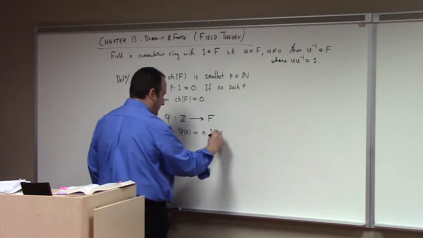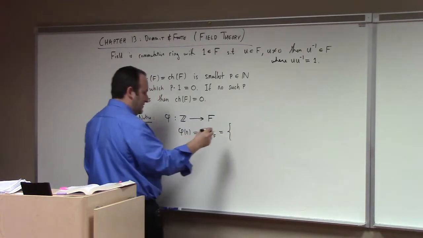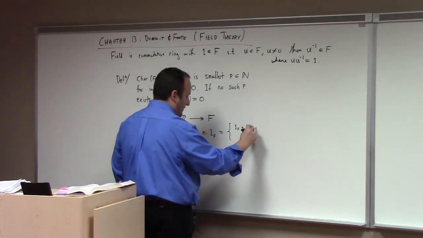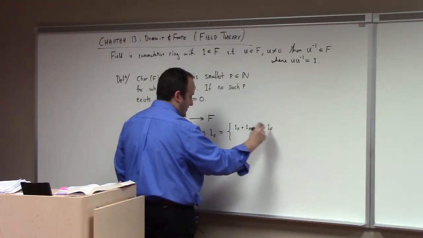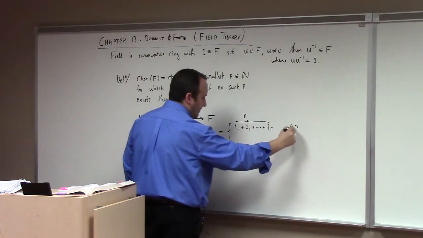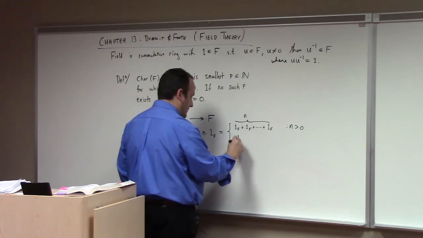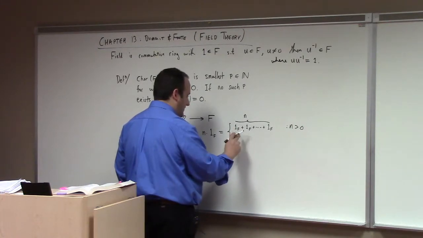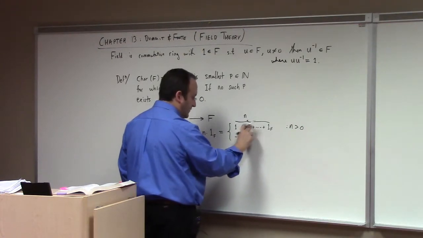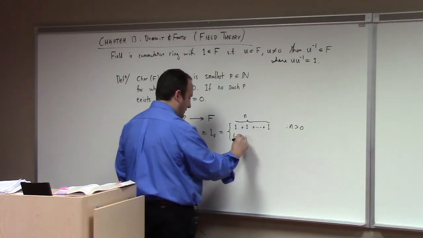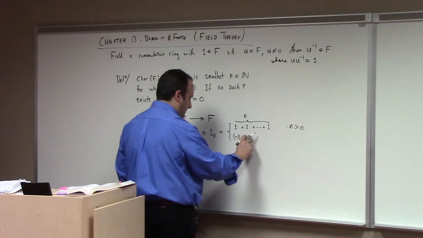Now, you remember what this means. This is either just the identity added to itself n-fold times, or, I'm getting tired of writing this F. If you don't mind, I'm going to stop that. So it's 1 added to itself n-fold times, or it's minus 1 added to itself n-fold times, right?